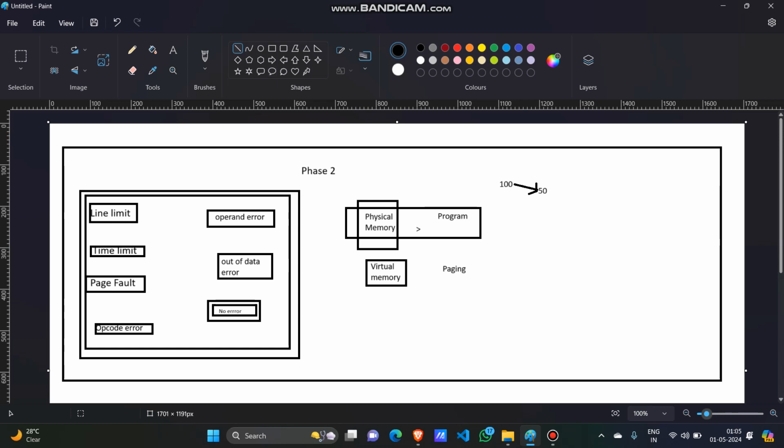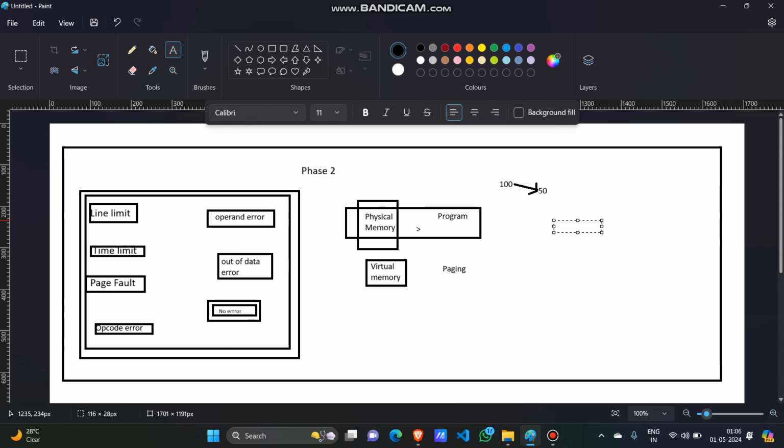When we talk about the implementation in phase 2, our physical memory or main memory is 300 into 4, that is 300 words, because each word is of 4 bytes.